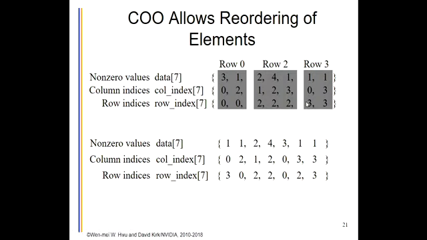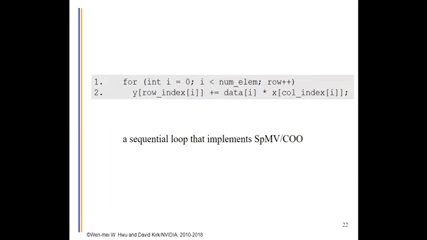As long as the 0 and 3 follow, I can still tell that this element really is in row 3, column 0. I can still fully recover the matrix. So this allows us to do even more shuffling, reordering, and sorting as we wish, and we can still fully recover the original matrix.